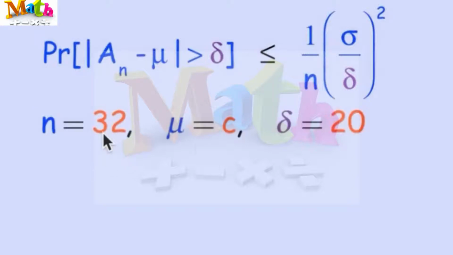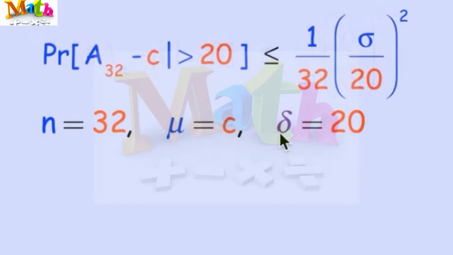So here's the independent sampling theorem formula, and let's see what I know already. I'm going to plug in the knowns. What I know is that n is 32, mu is the unknown C that we're trying to estimate, and the delta that matters to us is 20, because we want to argue that if our measurement of 180 was within 20 of the truth, then in fact we're under the 200 that the EPA specifies.